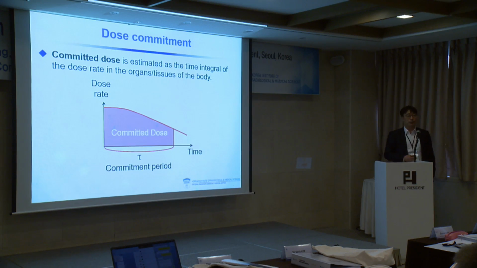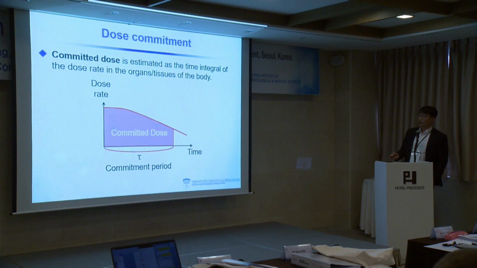And for internal dose assessment, we just use the committed dose as a dose quantity in case of internal exposure. So committed dose is estimated as the time integration of the dose rate in the organs or tissues of the body.